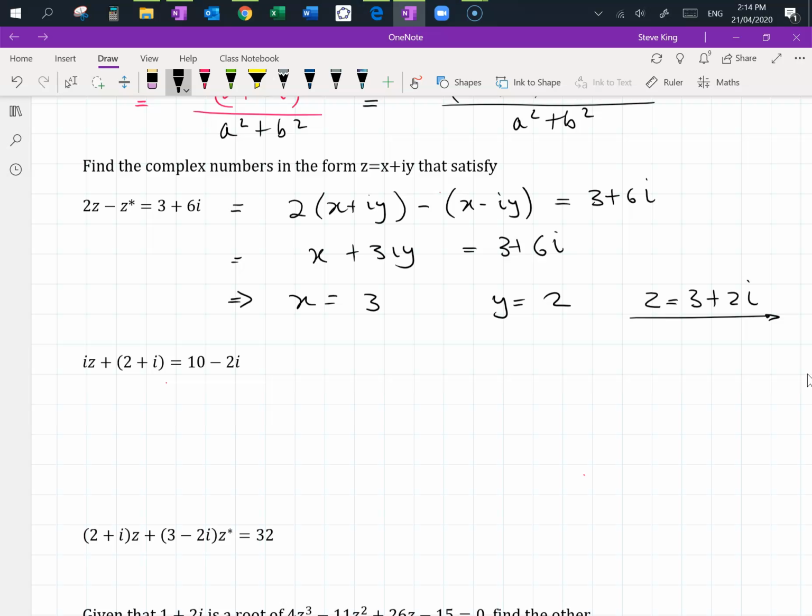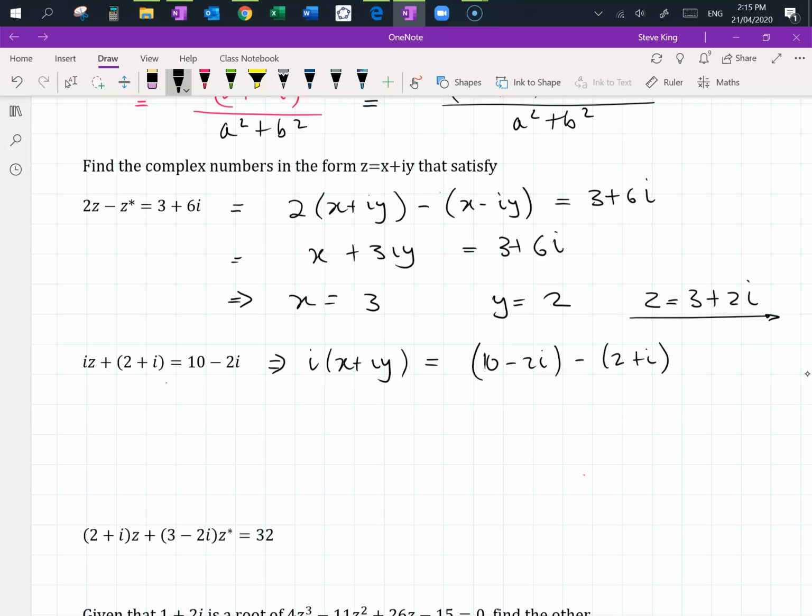The second example, fairly similar. We're going to approach it in the same sort of way. I've got i times x plus iy. And I'm going to take this complex number that I have on the left-hand side and move it over to the right-hand side. It's going to give me 10 minus 2i, take away 2 plus i.